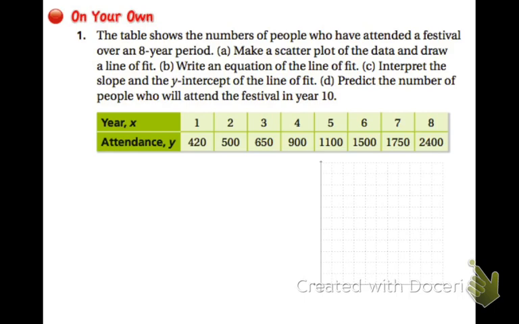So we will be plotting these points. Okay, we need to make a graph, a scatter plot, and it's going to be the number of people who attended a festival over an 8-year period. So the y-axis is the attendance or number of people. On the x-axis, it is the years.